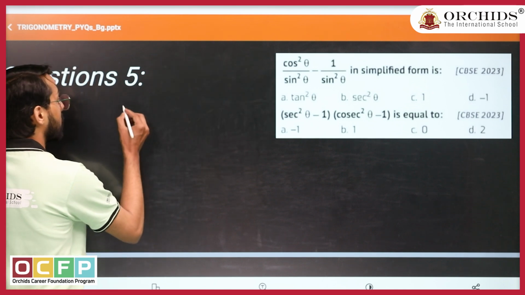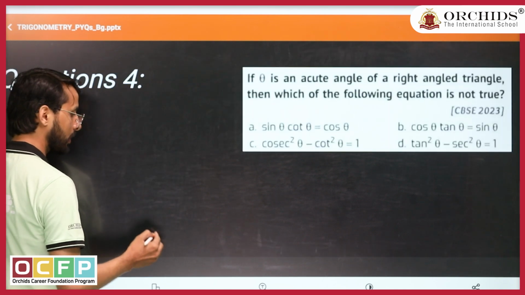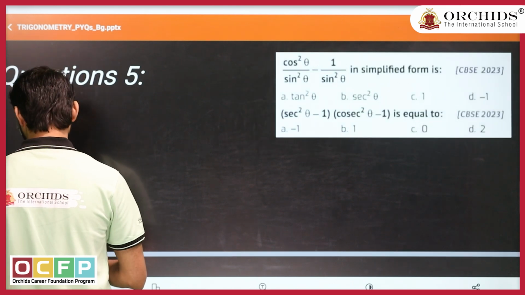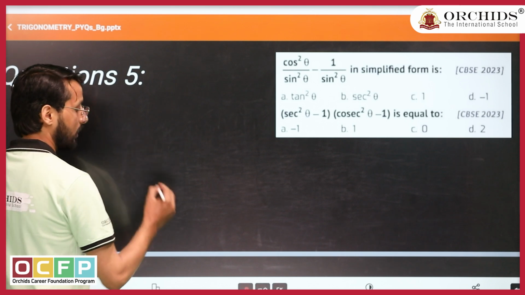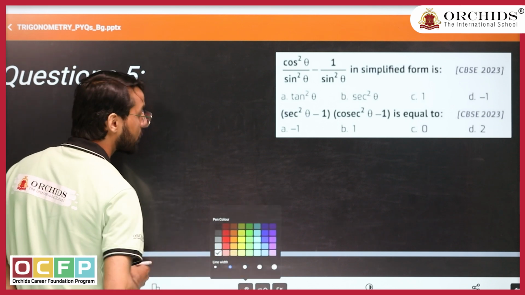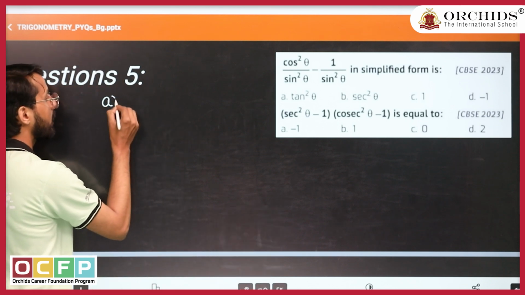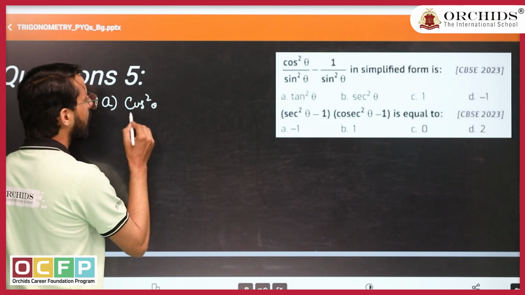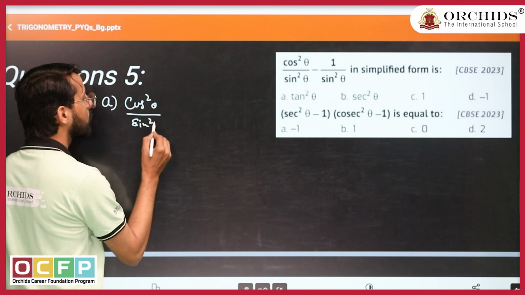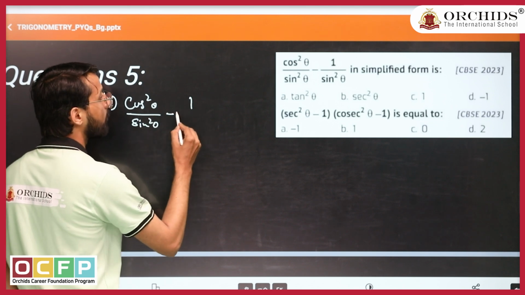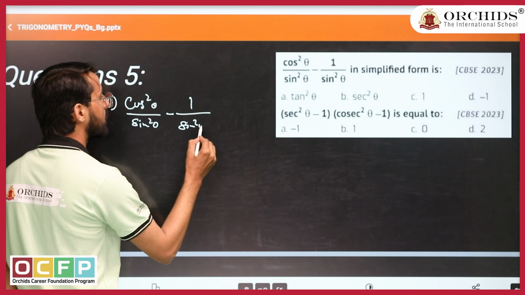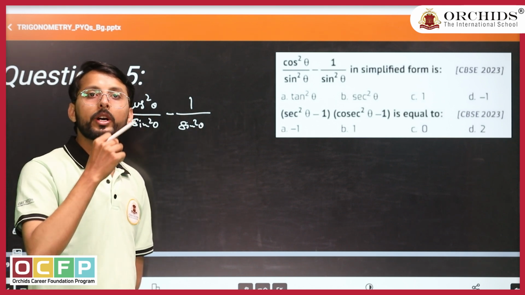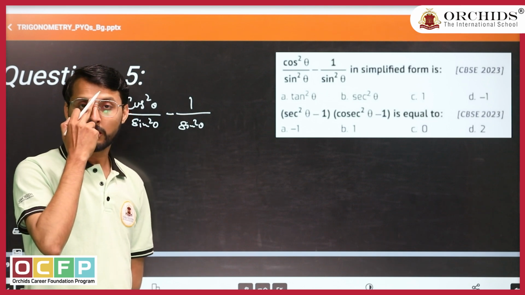First write your question. Let's see. Suppose the first part is A part. In the A part I have written cos square theta upon sin square theta minus 1 upon sin square theta. Whenever something is given in terms of numerator by denominator, the first thing that should come to our mind is LCM.